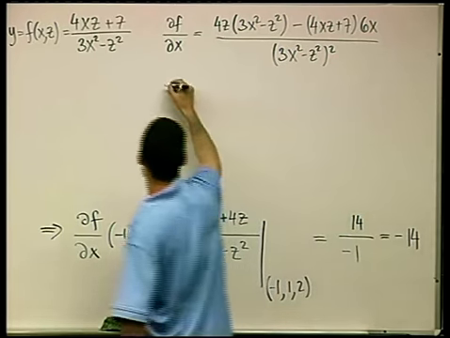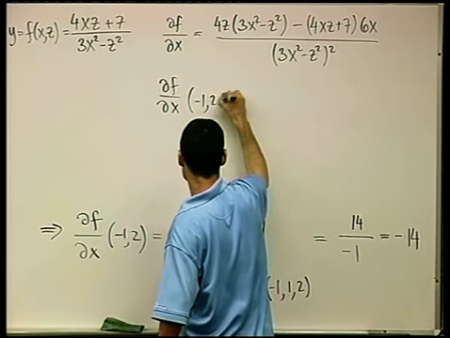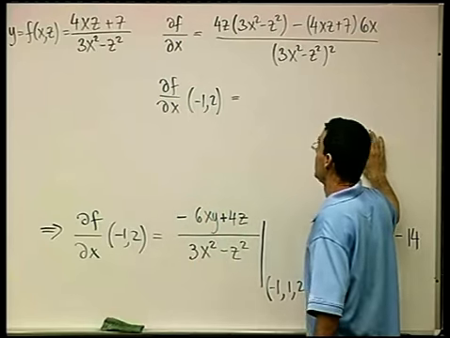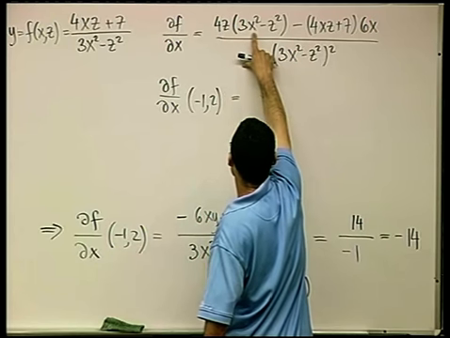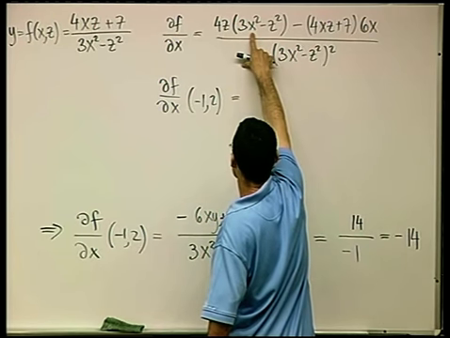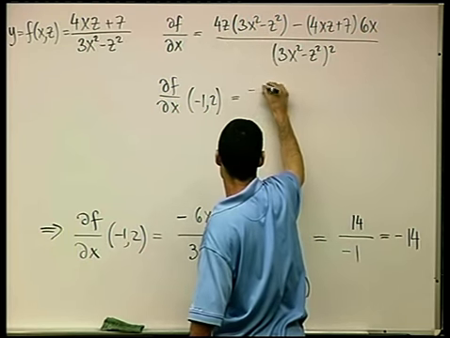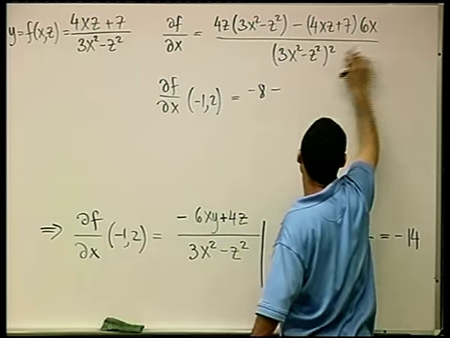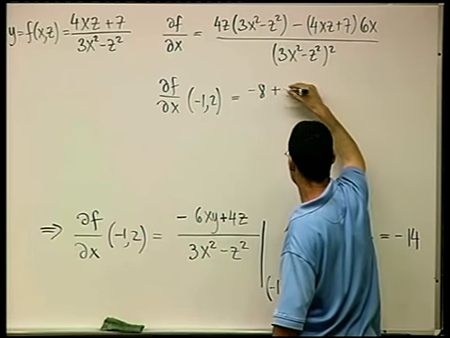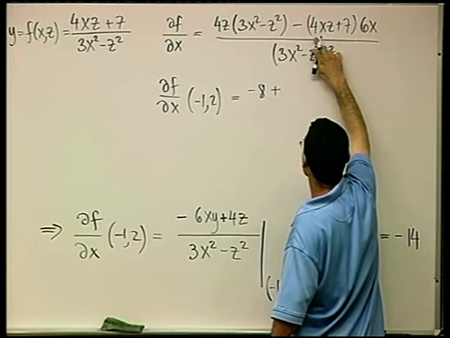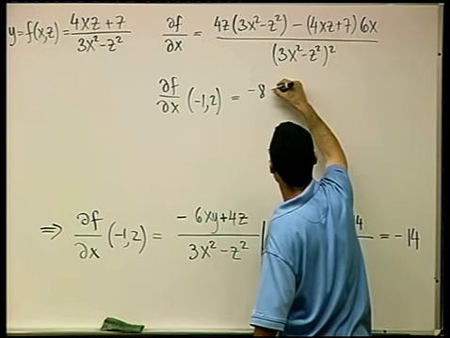Okay, and therefore, what's this derivative at (−1, 2)? I just have to plug in the values. So I get 8 times (3 − 4). 3 − 4 is −1 times 8, I get −8, minus, so there's a 6, −6 here, so let's write it plus, 6 times 4 times −2 is −8 plus 7, so it's −1, so it's a minus again.